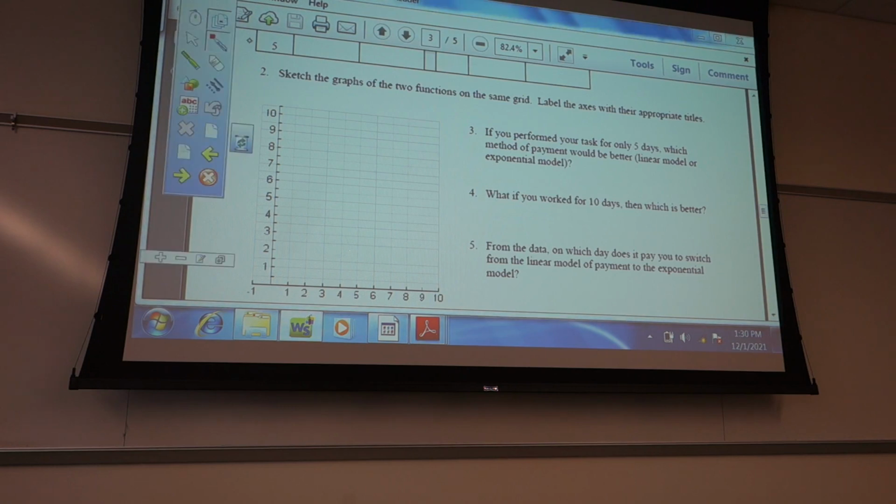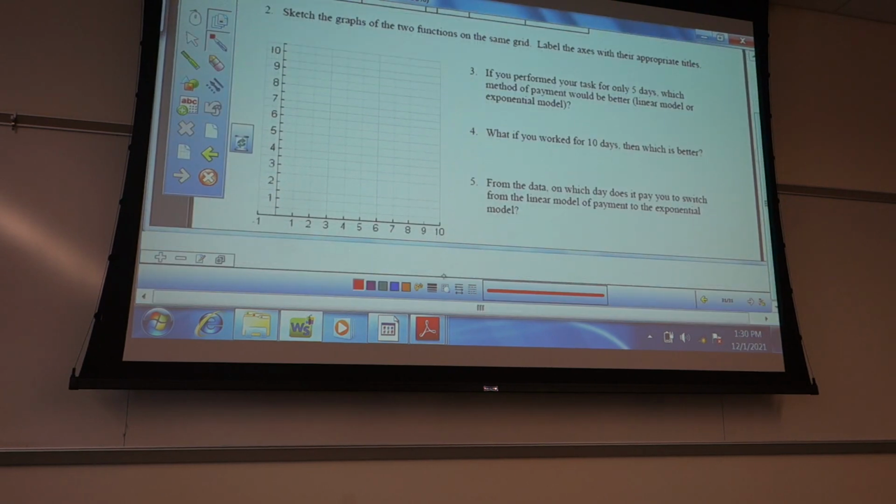So my blue one, linear. Oh wait, that's not right. This is going up some weird amount. After 0 days, I have $1.